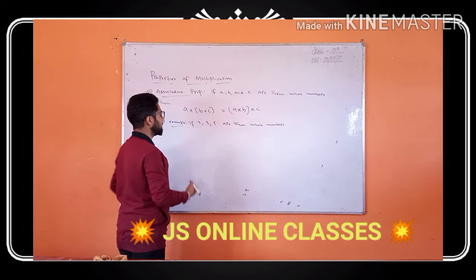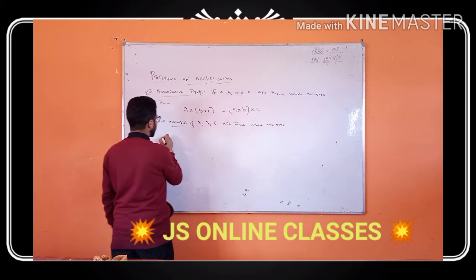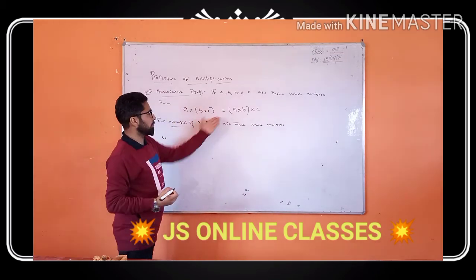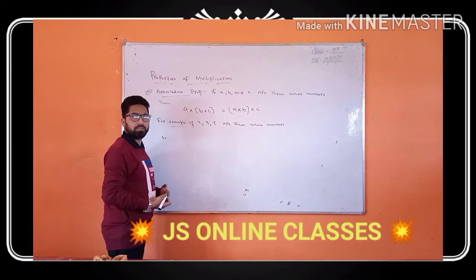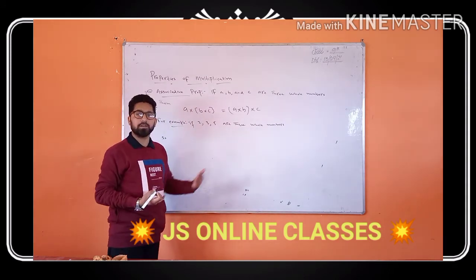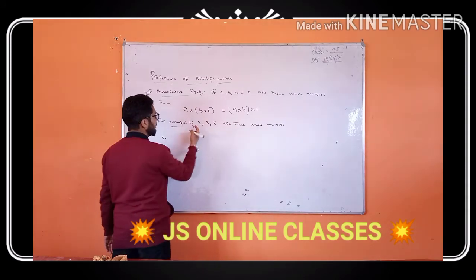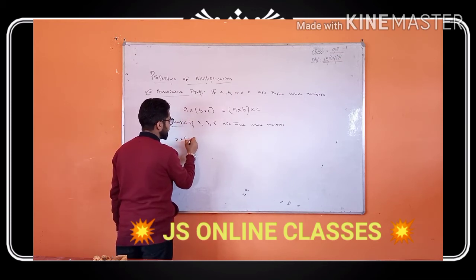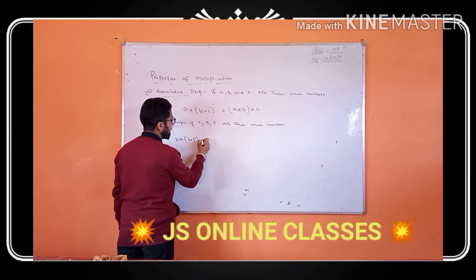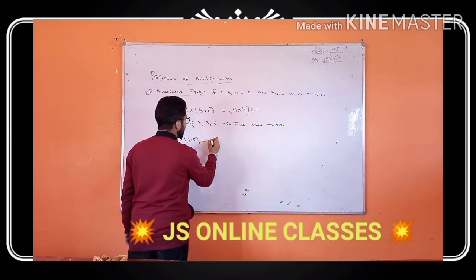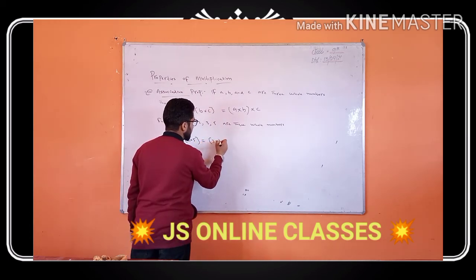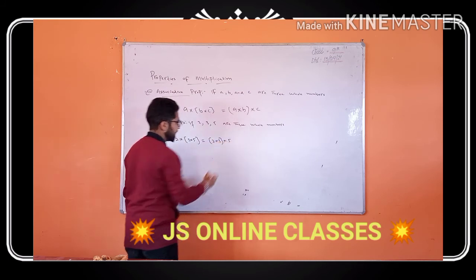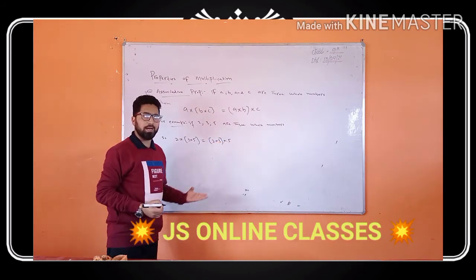I hope you can get it. So we can use this property here and we can solve this from both sides, as LHS and RHS. If we write 2 instead of A, it is (2 into 3) into 5 equals 2 into (3 into 5). We can solve this from both sides.